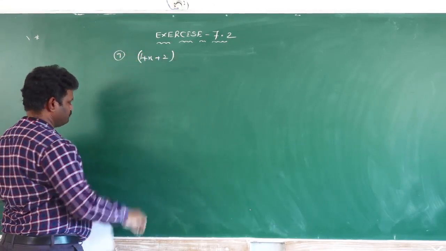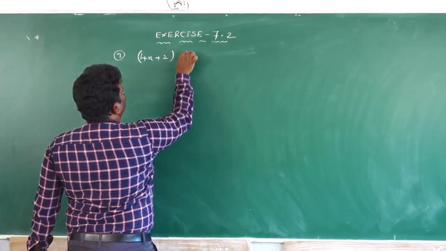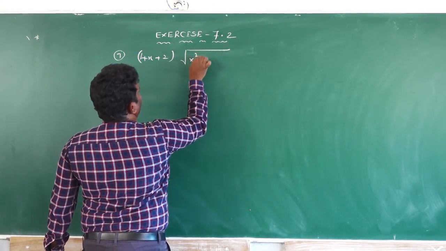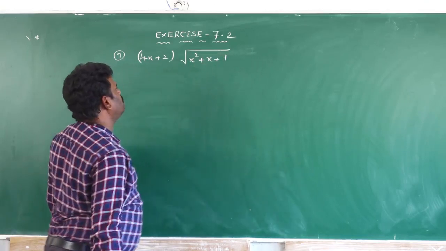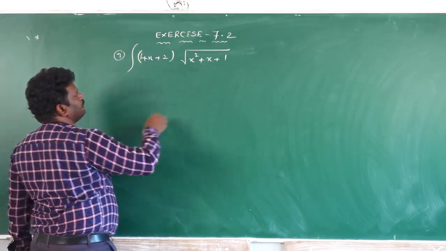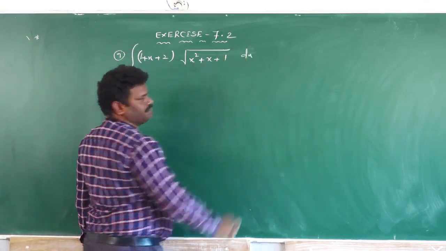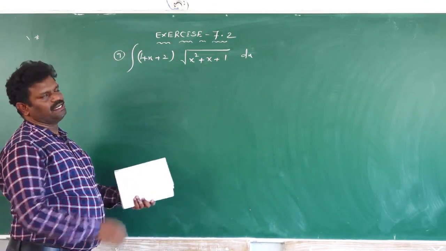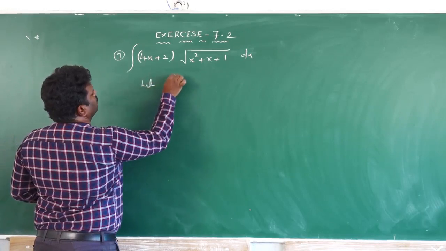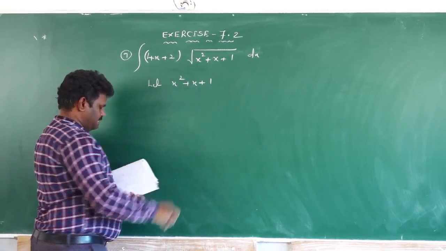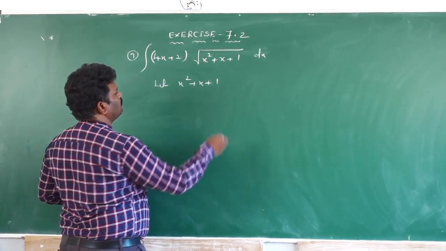The integral of 4x plus 2 into square root of x square plus x plus 1. Now we find the integral value of this function. Here we consider substitution: suppose x square plus x plus 1 is equal to t.